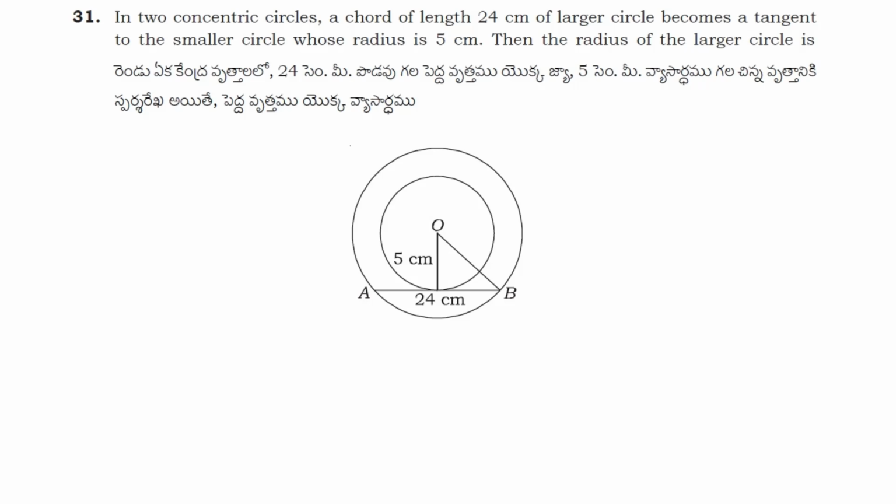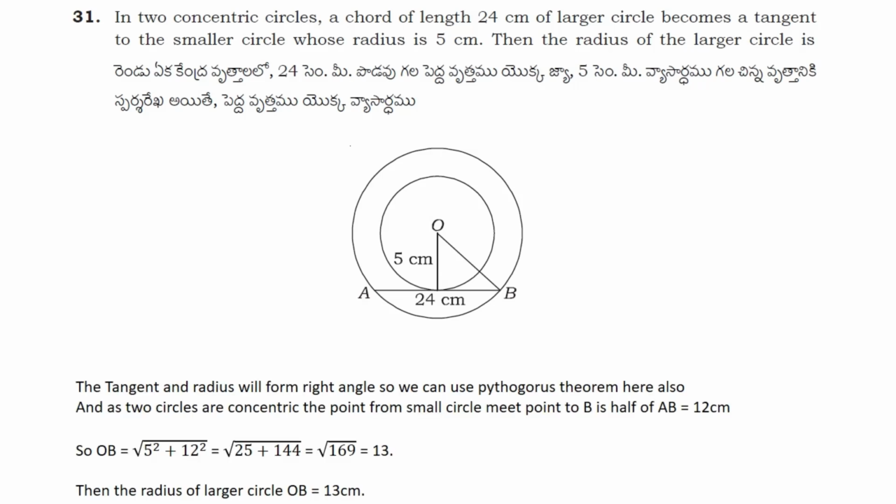In two concentric circles, a chord of length 24 centimeters of the larger circle becomes the tangent to the smaller circle, whose radius is 5 centimeters. Then the radius of the larger circle is. We already discussed that. The tangent and radius will form a right angle, so we can use Pythagoras theorem here also.